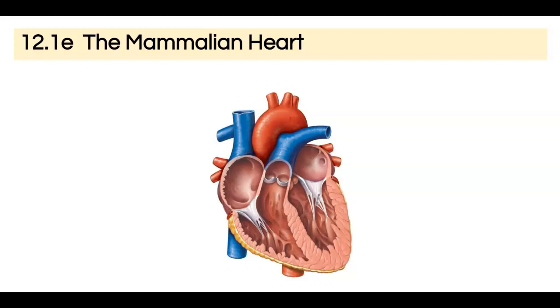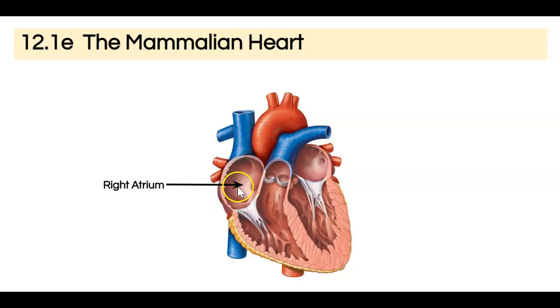So I want to talk about the chambers of the heart first. We're going to start with this upper left-hand side part, which again we're going to remember is actually the right side of the heart. And it's called an atrium, the right atrium. You'll remember from our first unit that the mammalian heart will have 4 chambers.